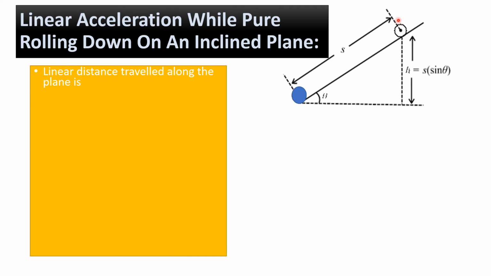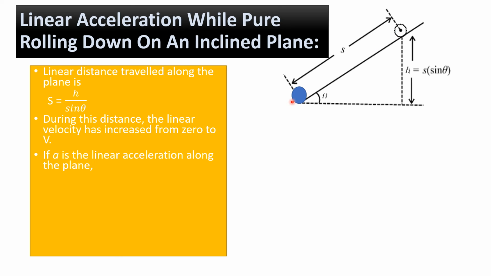So the linear distance traveled along the plane is given by s is equal to h upon sine theta. During this distance, the linear velocity has increased from the initial velocity 0 to the final velocity v.